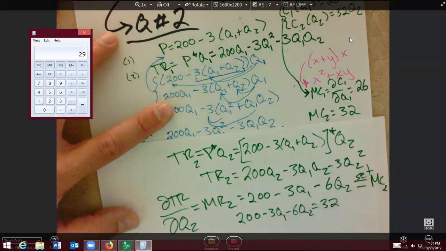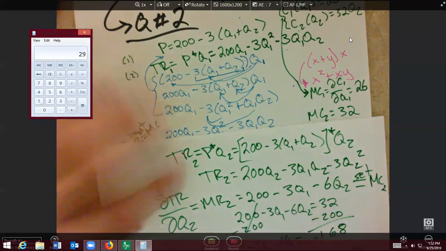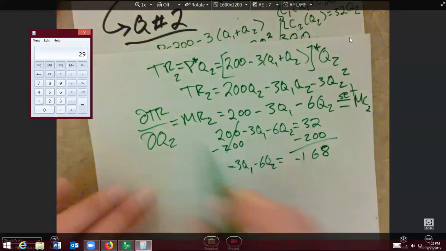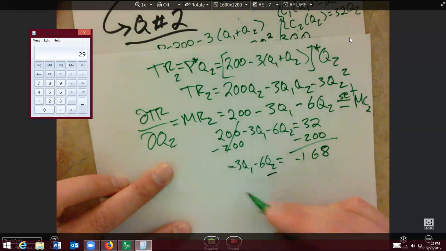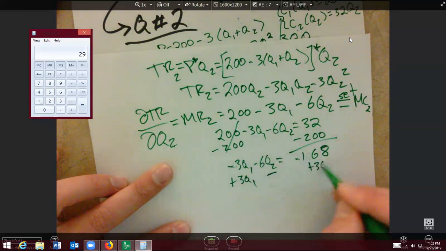We're going to subtract 200 from both sides. That ends up being negative 168 equal to negative 3Q1 minus 6Q2. We're going to solve for Q2, right? That's the thing that we care about here as the second term. So we're going to add 3Q1 to both sides.